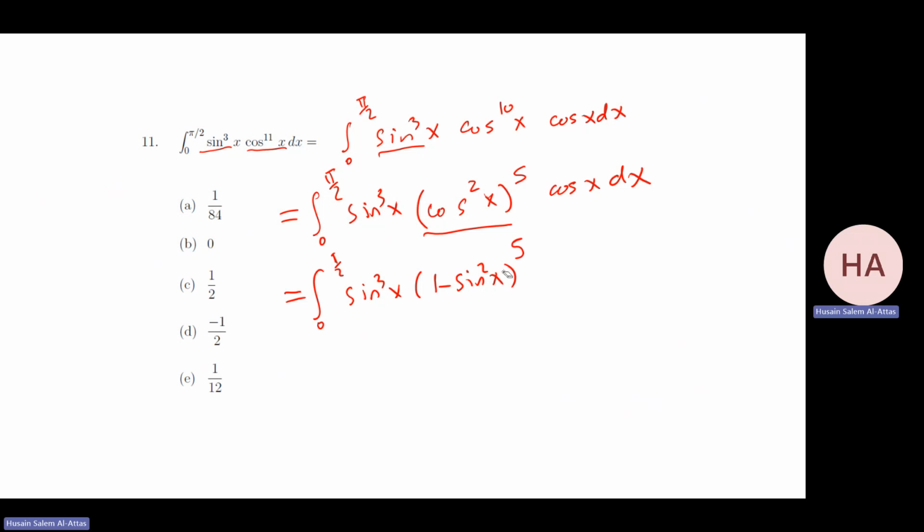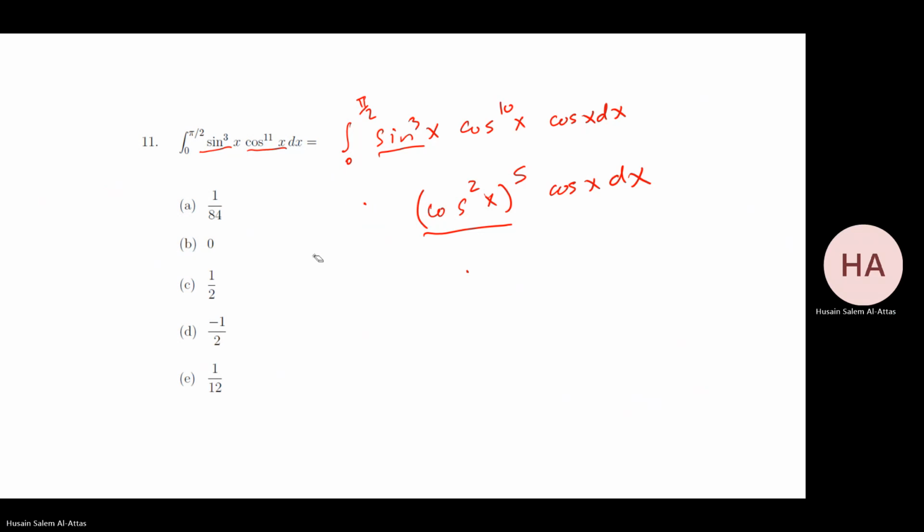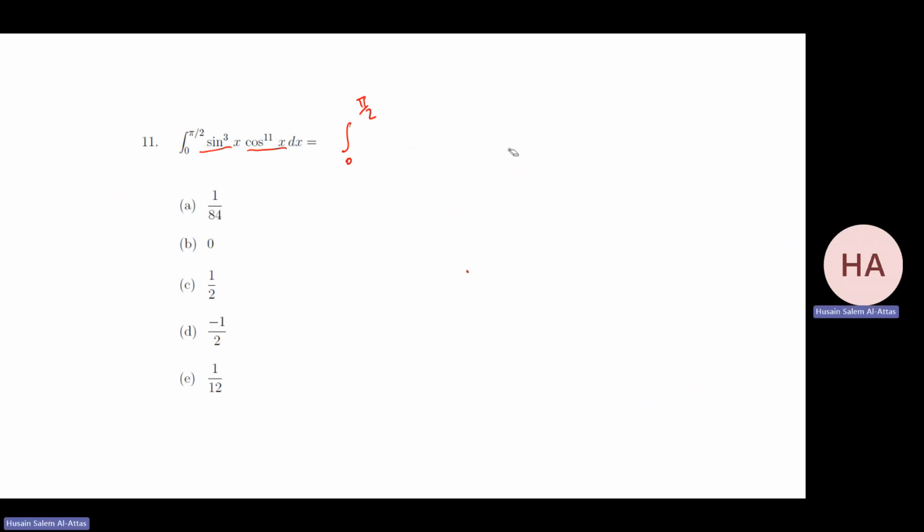I think if we do it the other way, it will be easier. So I leave this. Instead of opening something to the power 5, this will make it only open something to the power 2, which will be easier. That will be sine squared, cosine to the power 11 x, sine x dx.